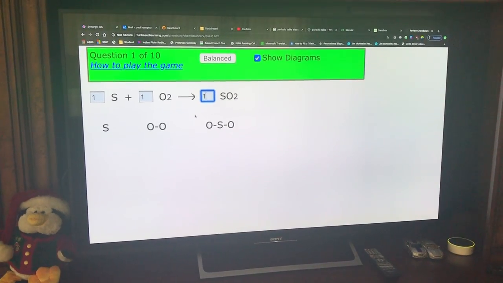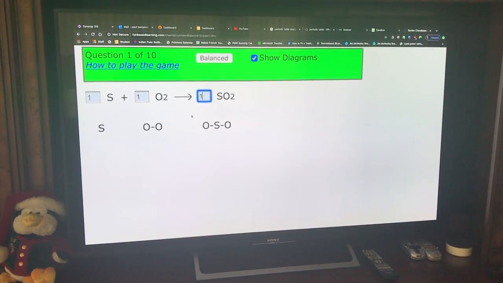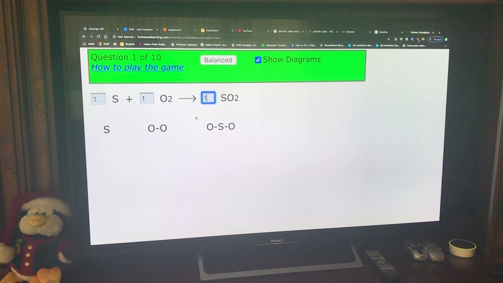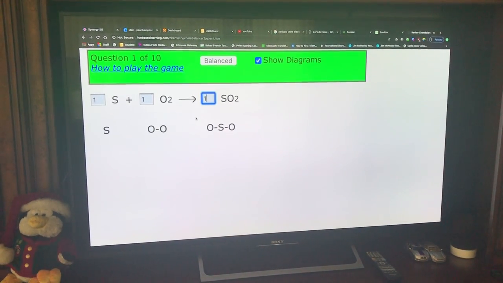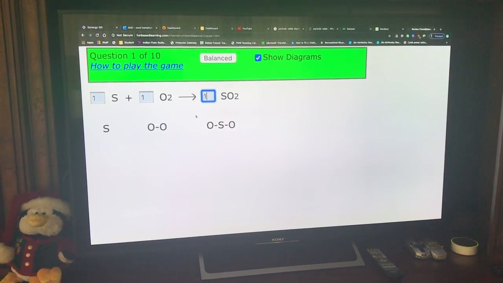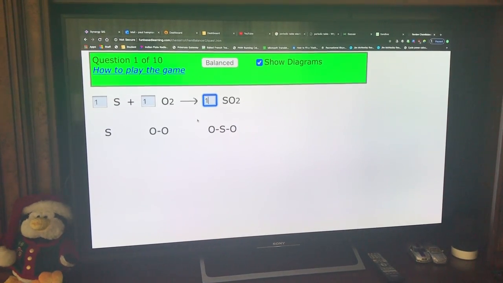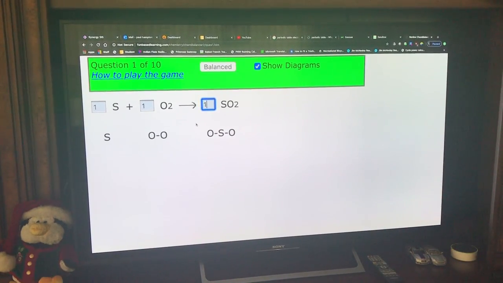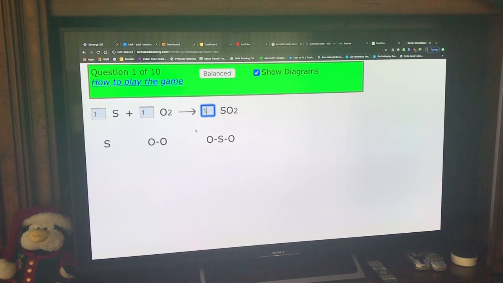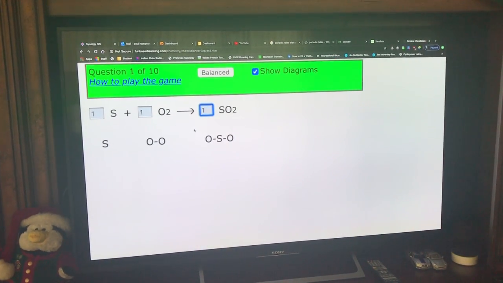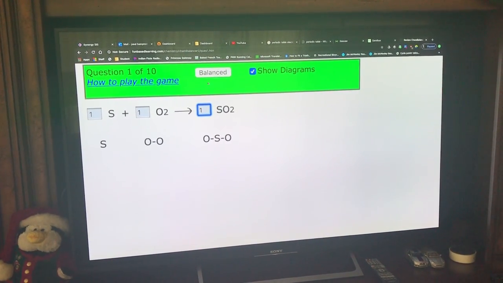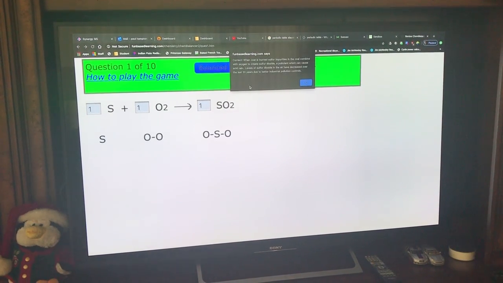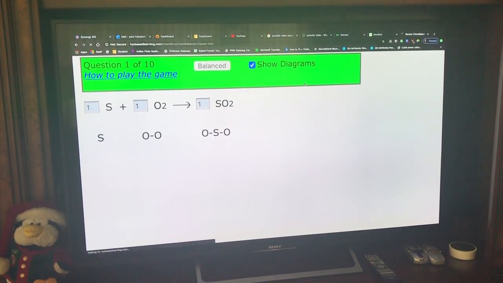So in this case, we have 1 sulfur, we have 2 oxygens, and then in that product side, we have 2 oxygens and 1 sulfur, meaning SO2. So if we look at the left side and the right side, the sulfurs, we have 1 on each side. In this case, the oxygens, we have 2 on each side, so that one looks balanced, and in fact, it says that that is correct.